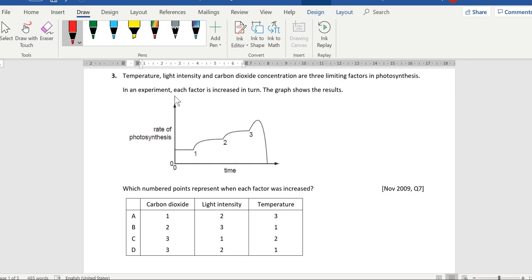Temperature, light intensity, and carbon dioxide concentration are 3 limiting factors in photosynthesis. In an experiment, each factor is increased in turn. The graph shows the results. So this means that you have one experiment and they change the carbon dioxide, light intensity, and temperature. For this graph, we are not so sure about carbon dioxide and light intensity, but we know that for temperature, the graph will slope down because of enzymes.